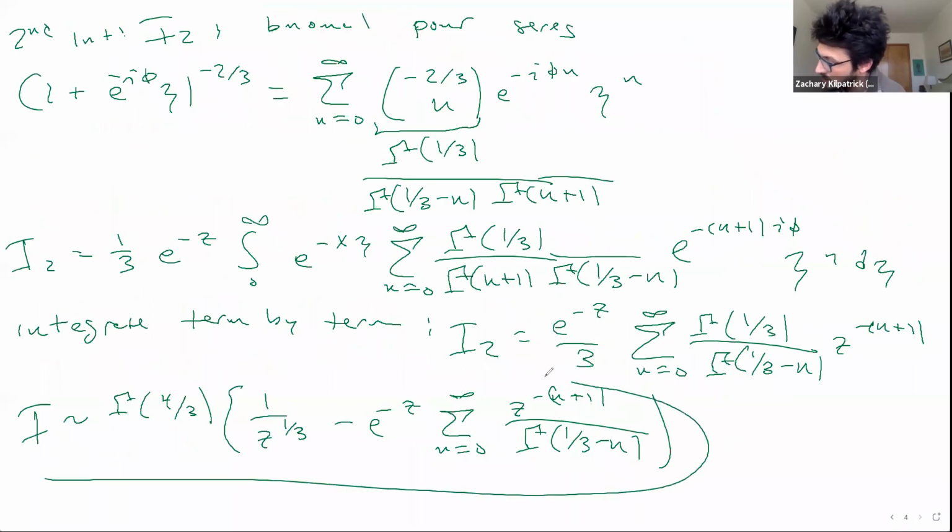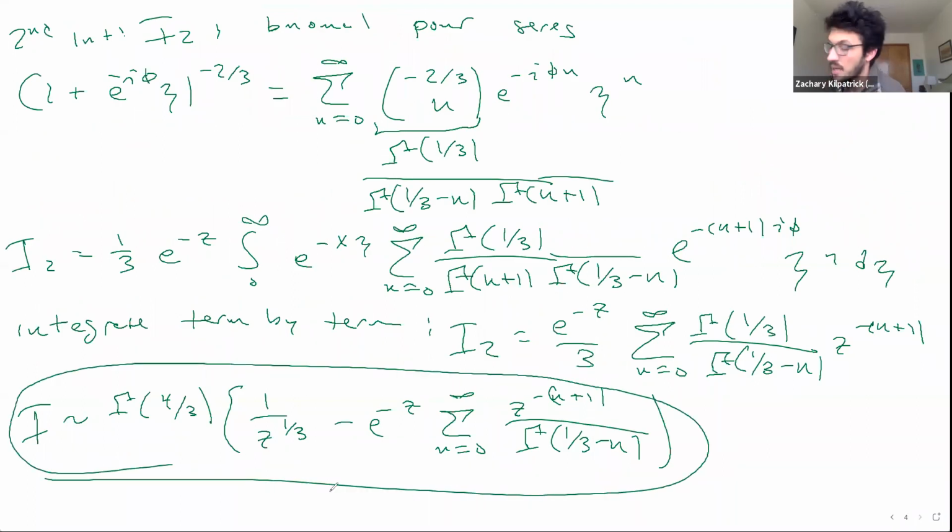Okay, so this is our solution in this case, and that is it for method of steepest descent and asymptotic integrals. We will pick up on ordinary differential equations on Wednesday. Okay, thanks.